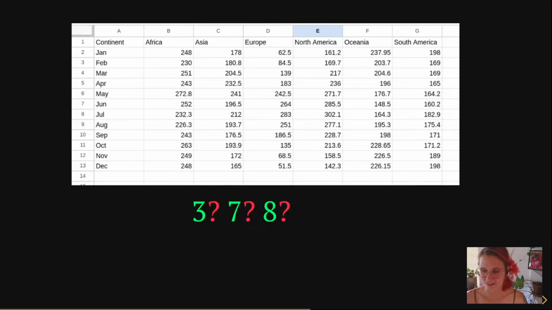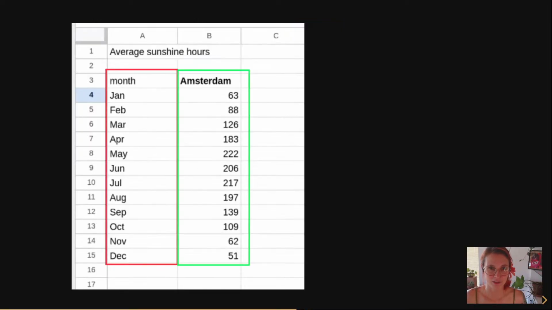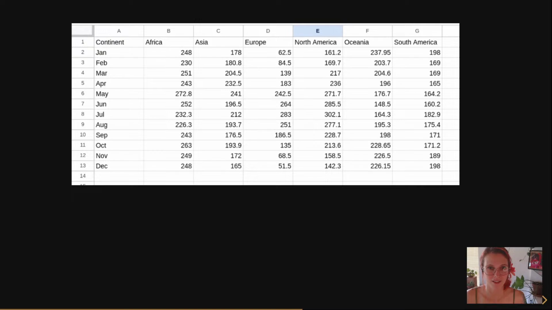If people watching can put a guess in the chat, I'll leave 30 seconds for you to think about. If this data set has two dimensions, how many variables do we have in this data set?